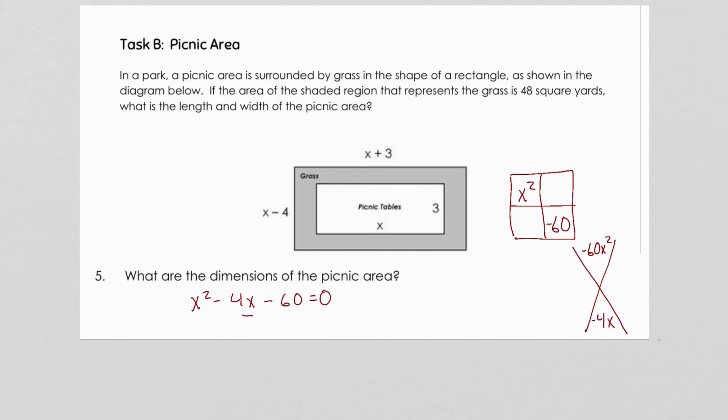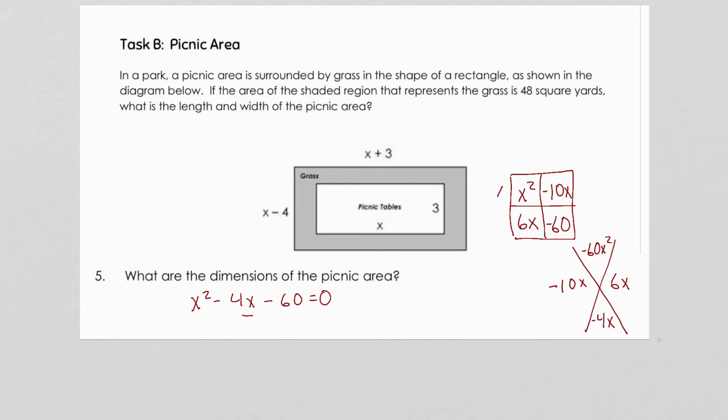So I'm trying to figure out what multiplies together to get negative 60, but when added together gives me negative 4. Well, we just saw this a minute ago. We saw that 10 and 6 works, 10x and 6x. This time, though, we need them to add together to give us negative 4, so I'm going to make the bigger one negative. So I'm going to make this negative 10x and 6x.